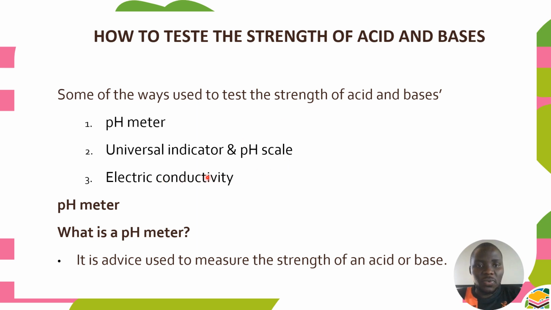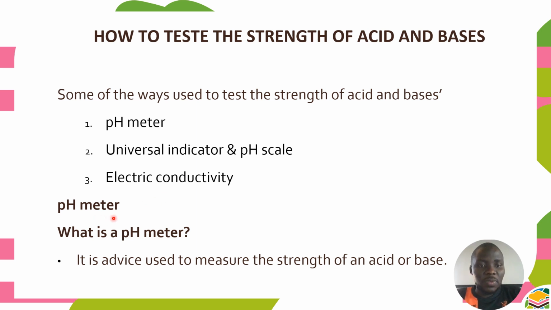Later on in this video, we'll also add another one, which is not added here for some specific reasons. If you check the second one, we have said universal indicator and a pH scale. It means each of them alone cannot work to determine the strength of an acid or a base.